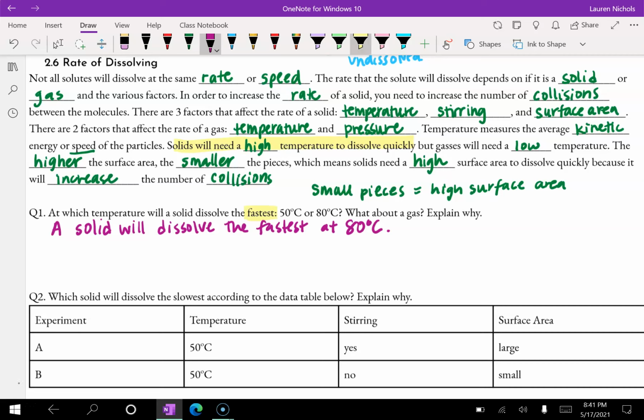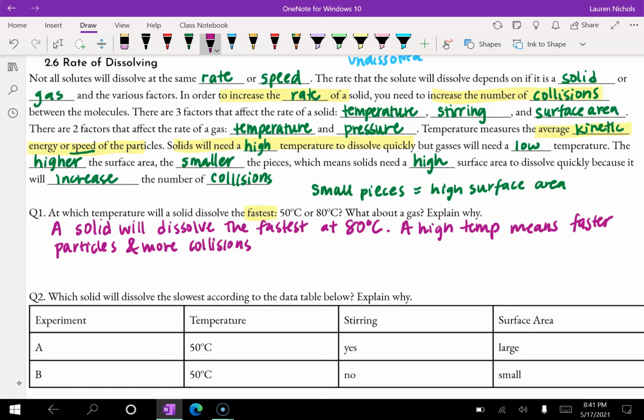Now, when we want to explain why, we need to think about what temperature is. Temperature measures our average kinetic energy or speed. And we know to increase the number of collisions, that's how we increase the rate or make it go faster. So in every explanation about rate, you should be talking about collisions. So we can say that having a high temperature means faster particles and more collisions.